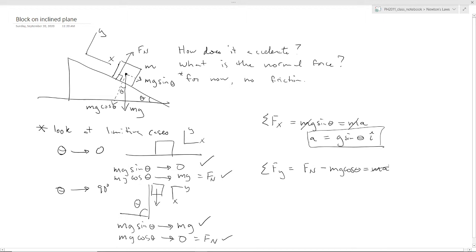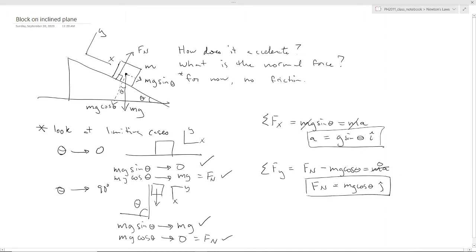But there is no acceleration in the y direction because it's resting on that surface. So this would be 0. So this tells us that the normal force is equal to mg cosine theta. And of course, this would be pointing in the j hat direction.